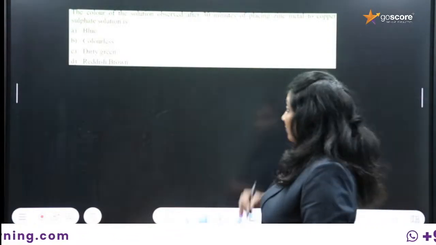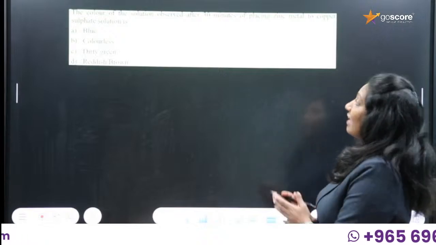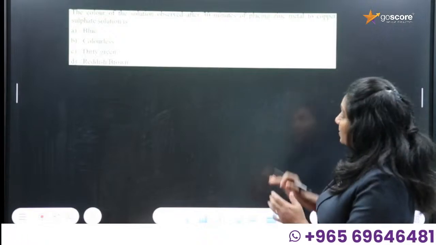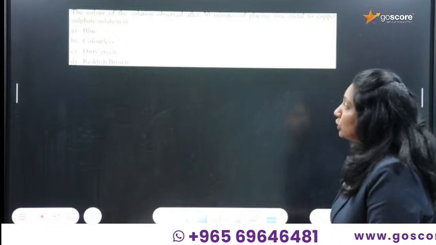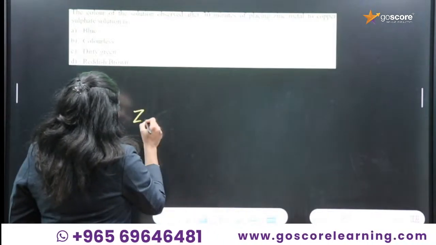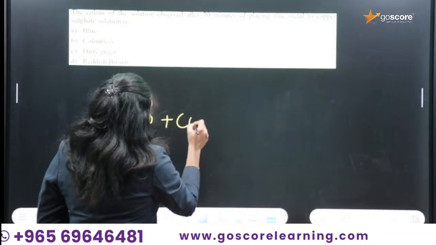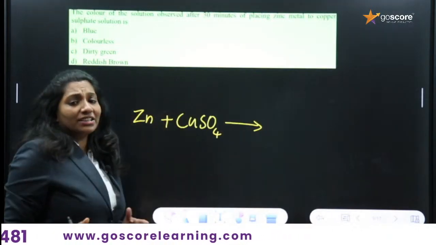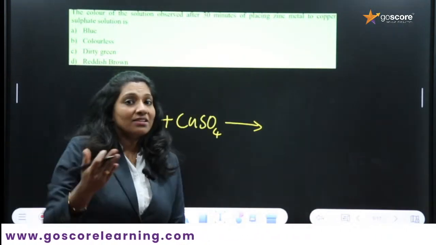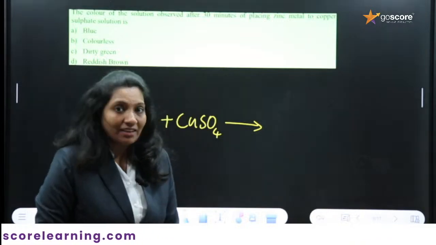Your second question is: the color of solution observed after 30 minutes of placing zinc metal in copper sulfate solution. So you are placing zinc metal in copper sulfate solution. In the reactivity series, we know that zinc is more reactive than copper, right?